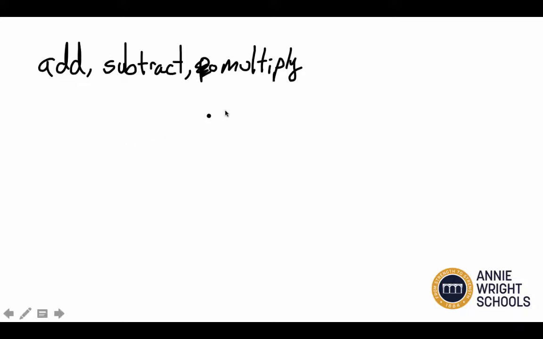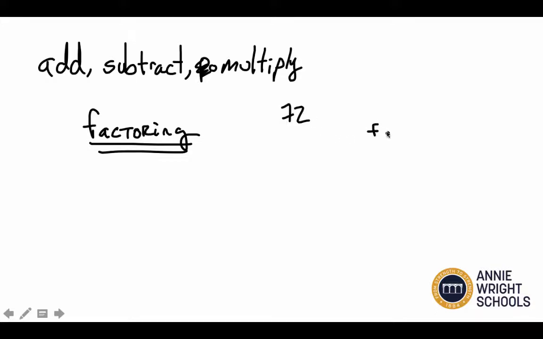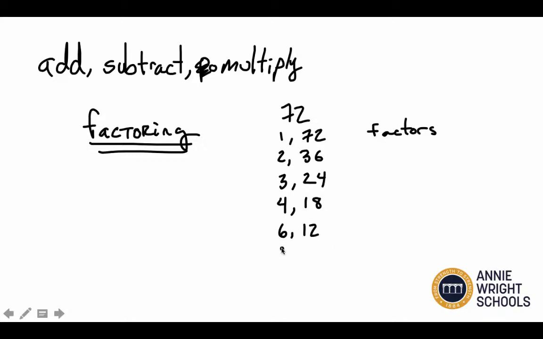But what we will talk about is factoring. And that's what this whole unit is about. It's about factoring polynomials. And factoring is a way of rewriting multiplication. So when you take a number like 72, when you list the factors, you're listing things that multiply to 72. 1 and 72, 2 and 36, 3 and 24, 4 and 18, 6 and 12, 8 and 9.